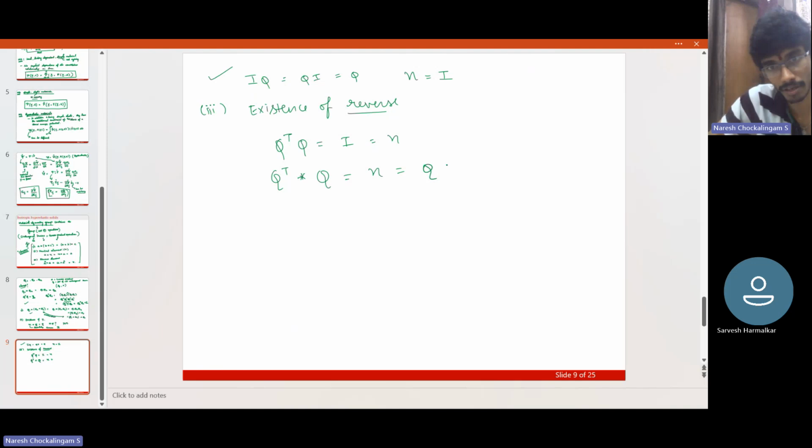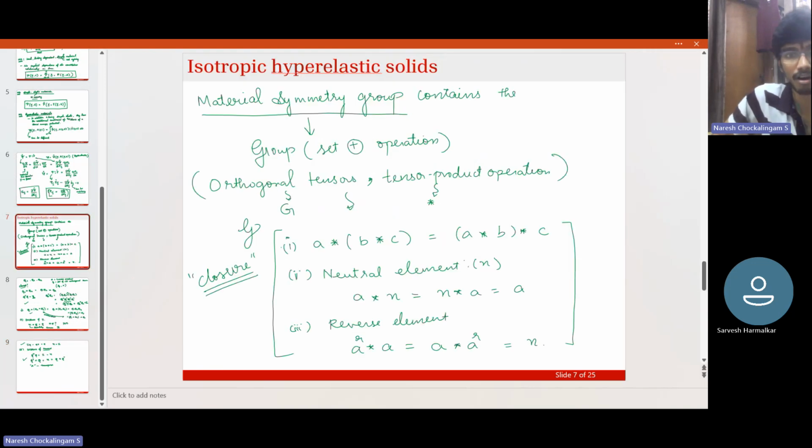Therefore, there is a reverse, and the reverse operation is nothing but transpose. So the third condition is also satisfied. Therefore, the group of all orthogonal tensors along with the tensor product operation is a group.